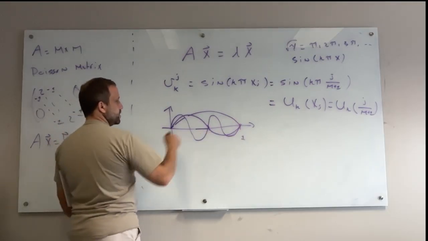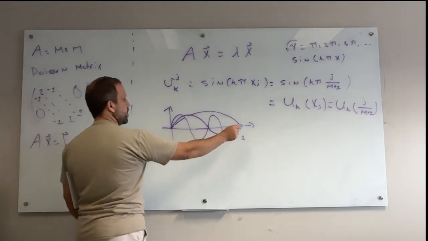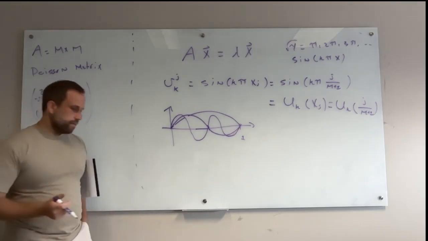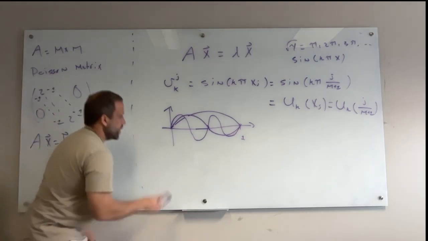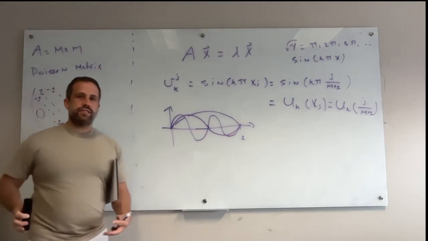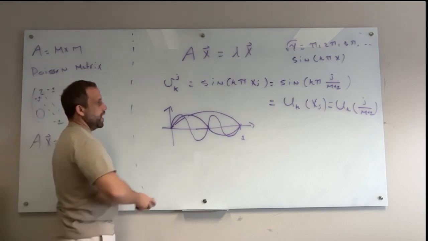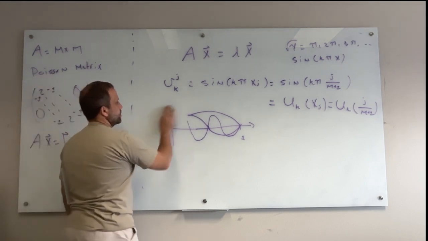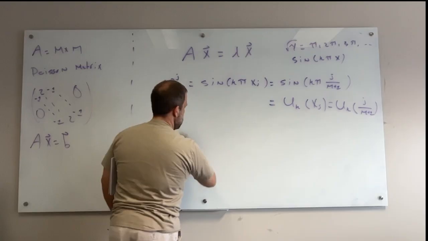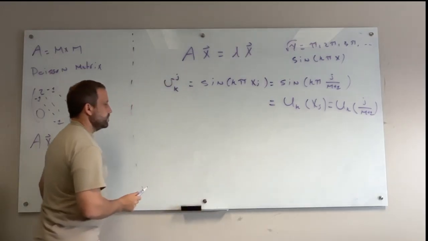Now, this function that I just drew has zeros here, here, and here, just like the other sine function. So if we're only sampling here, here, and here, it can't distinguish those two sine functions apart.